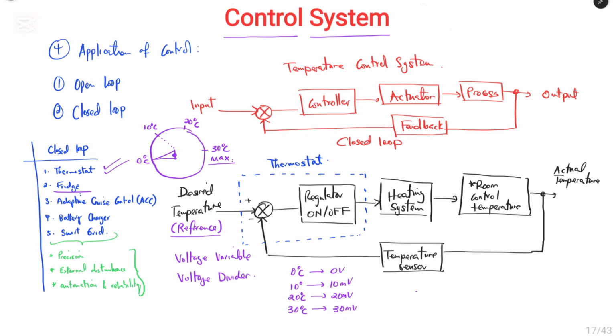Now, if you look at this knob, the knob is designed in such a way as a voltage divider. So we can have a voltage divider circuit, and the output of the voltage divider circuit will be equal to the desired or the reference temperature. That means this is variable.